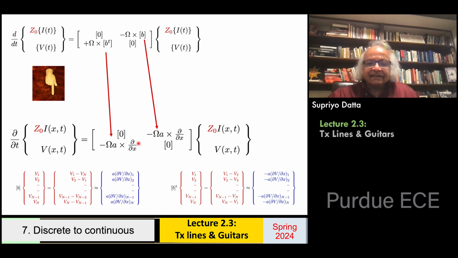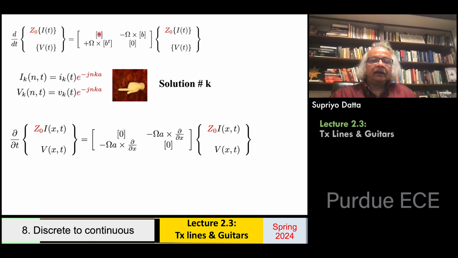So this then is the continuous version of the discrete thing that we have been talking about in the last lecture. Now, what we had seen before was that for this discrete thing with the periodic boundary condition, you could diagonalize it. You could write these vectors e to the power minus j n k a, which are eigenvectors of B and also of B transpose.